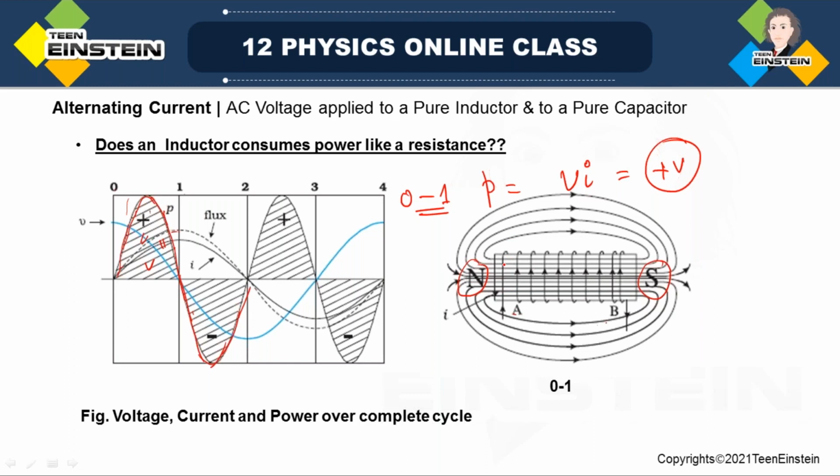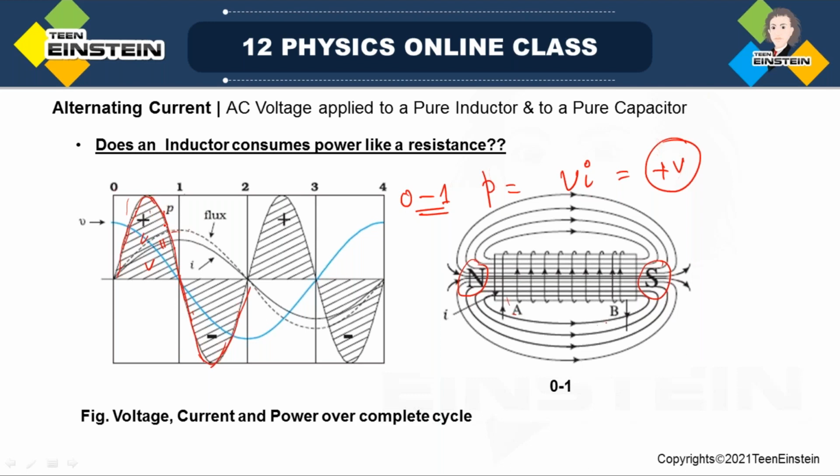And the flux linking to the coil is also positive, because your current is increasing in the positive direction. Because of that the power is positive, as the voltage and current both are positive.